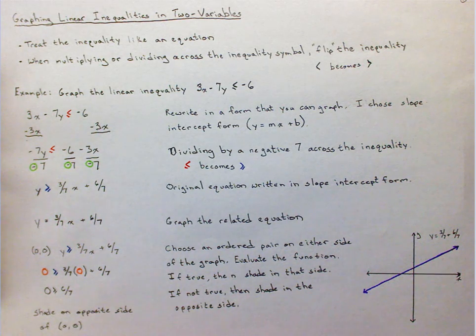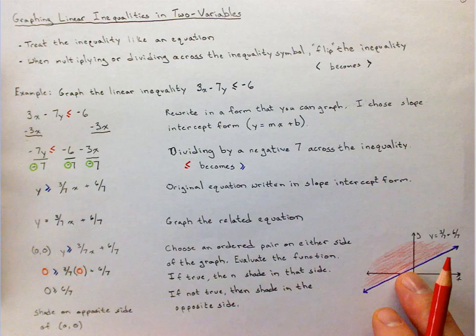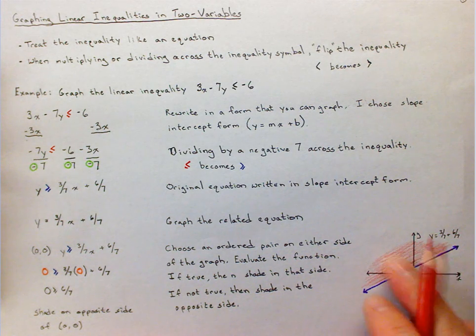So what that means is that I need to shade in on the other side of the point, the coordinate that I selected. This is what I chose right here, but it was not a true statement. So what that means is that I need to shade in here. And this is what this linear inequality says: it contains all the points, what we could say, above the line.